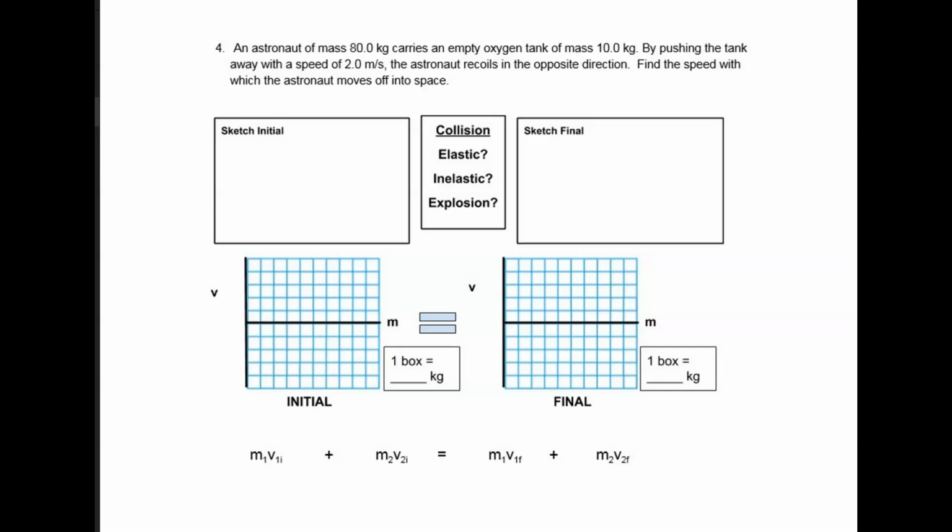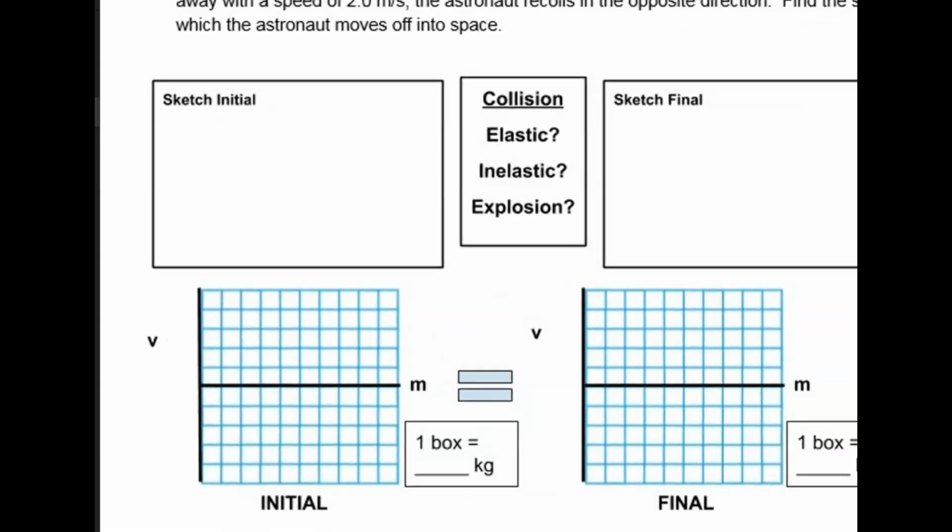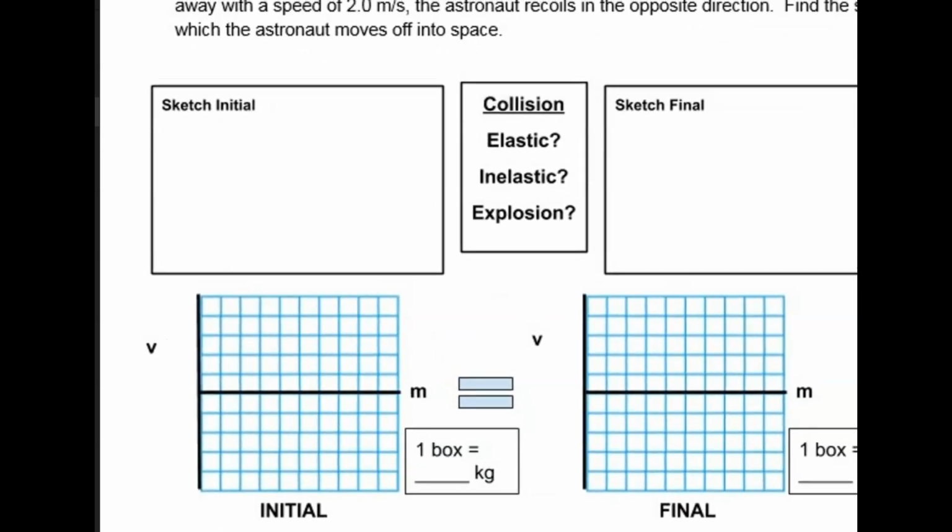This is practice 2, number 4 for collisions and conservation of momentum. First we want to look at the problem of the astronaut carrying an empty oxygen tank.